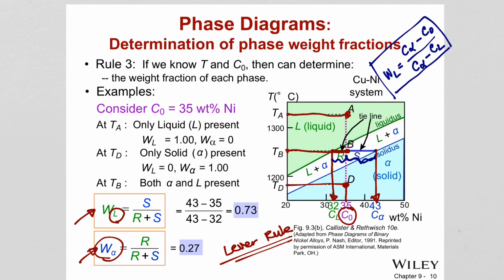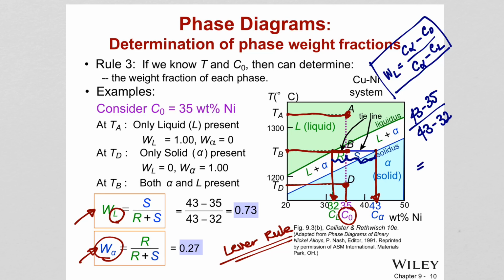Okay, and from here now you can calculate the weight fraction of the liquid. All you have to do is C alpha, 43, minus C0, 35, over C alpha, 43, minus C_L, 32.